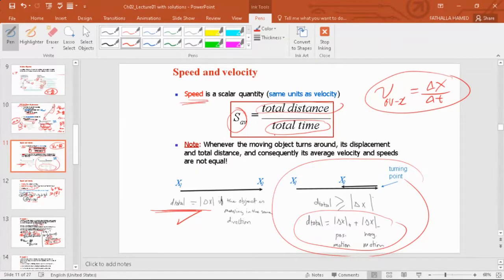Because when you're talking about average speed, you're talking about the total distance divided by your total time. That's probably a situation where average speed and average velocity are equal. But in this situation here, no, that's not going to happen. So average velocity and average speed are not related.